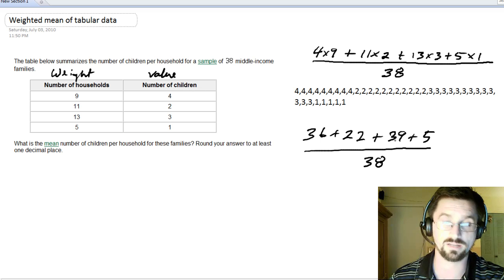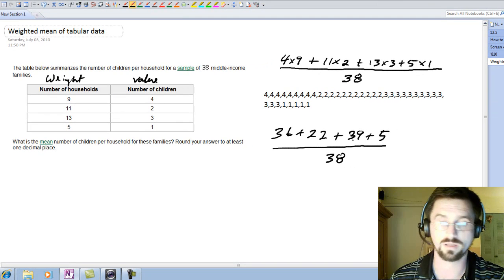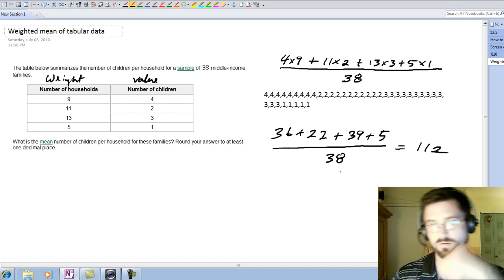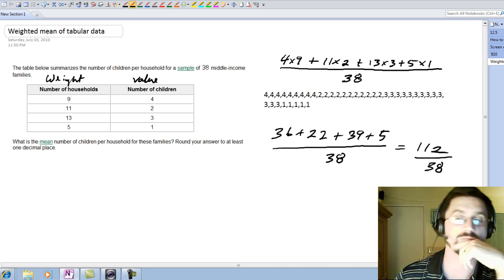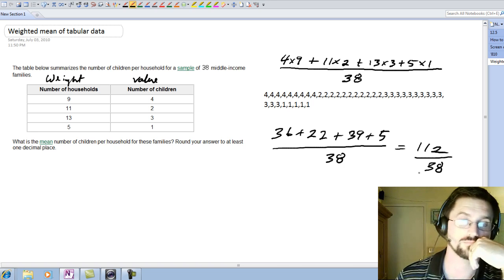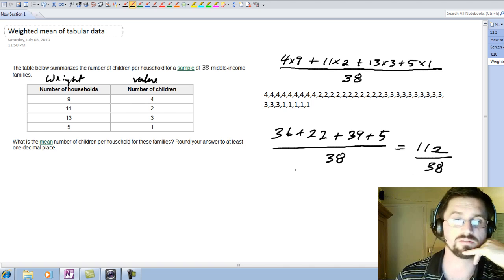Plus 39 is 97. 97 plus 5 is 102. And we divide that by 38, and that's around 3 when you divide it out. But whatever that is, they'll want you to round it to 1 decimal place, and that's how you do it.